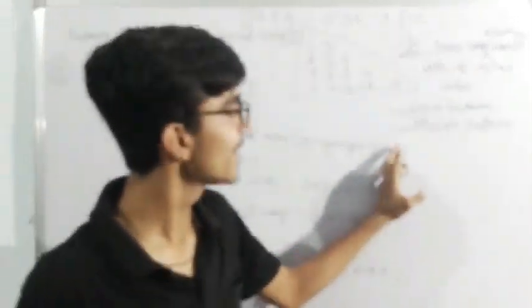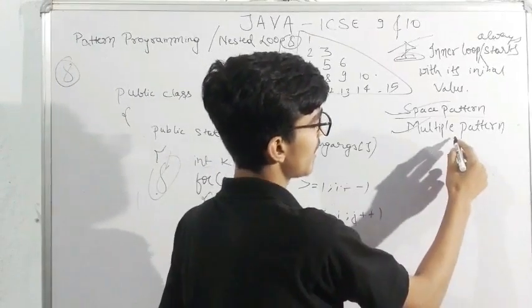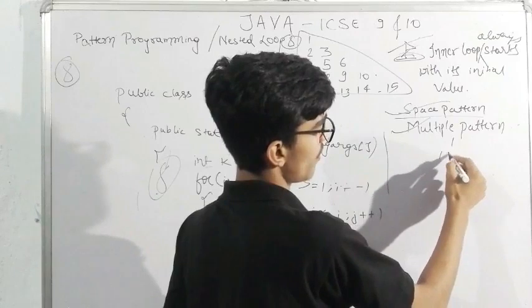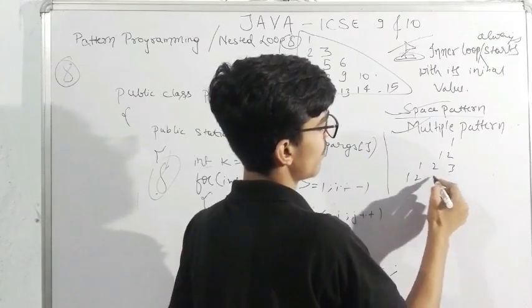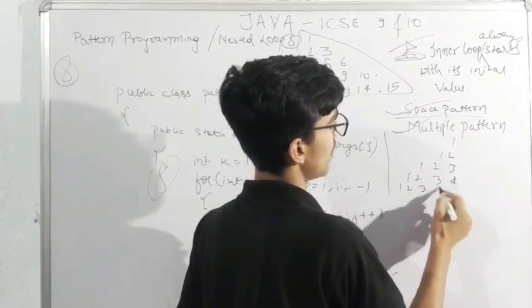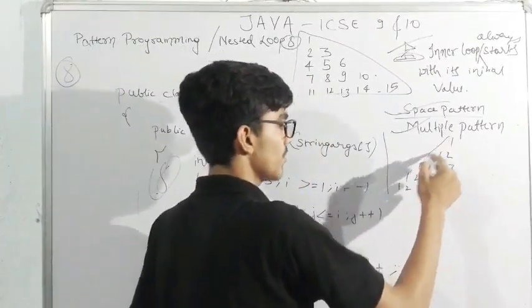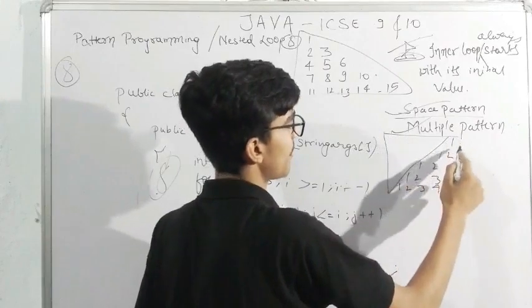Space pattern means we write like this. This is line 1, 1, 2, 1, 2, 3, 2, 3, 4, 2, 3, 4, 5. Before, I have told you about this type of pattern.